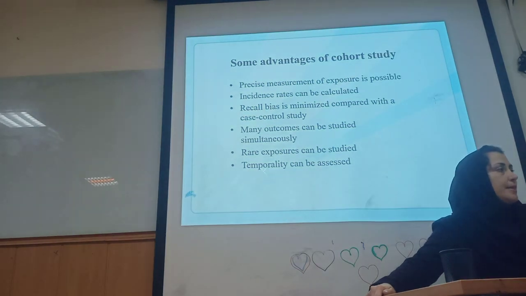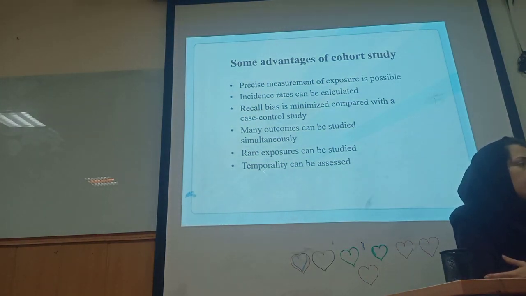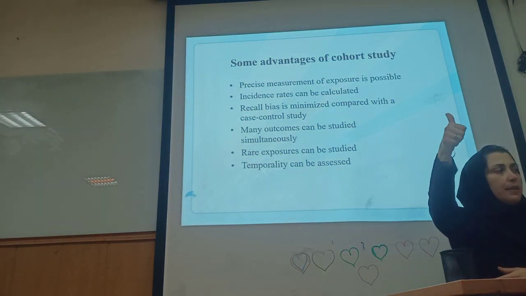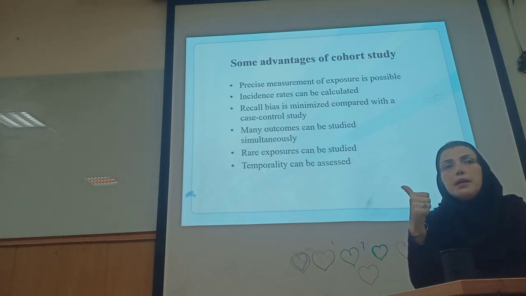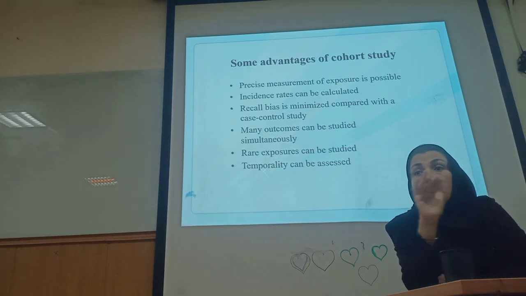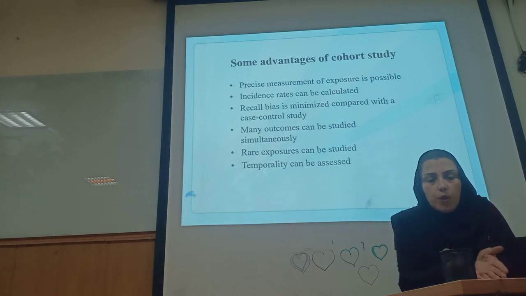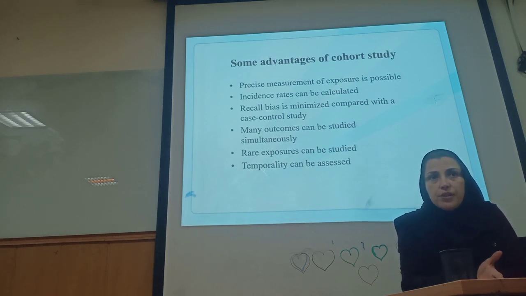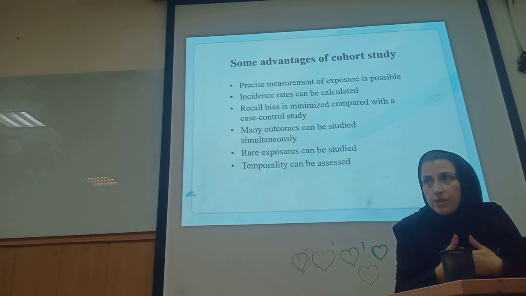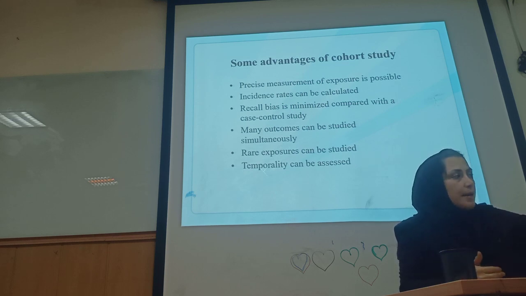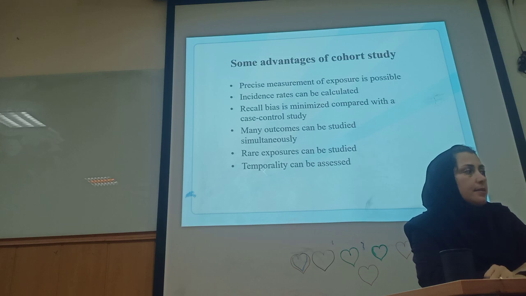So, the advantages of cohort study: precise measurement of exposure is possible. Why? Because we don't have recall bias here. Why? Because we measure the exposure by ourselves. The temporality can be assessed.